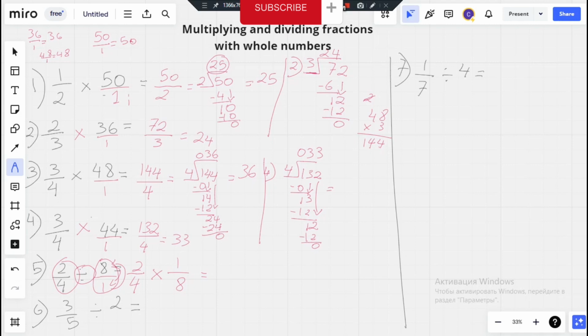So it's going to be 2 times 1, that is 2. 4 times 8, that is 32.